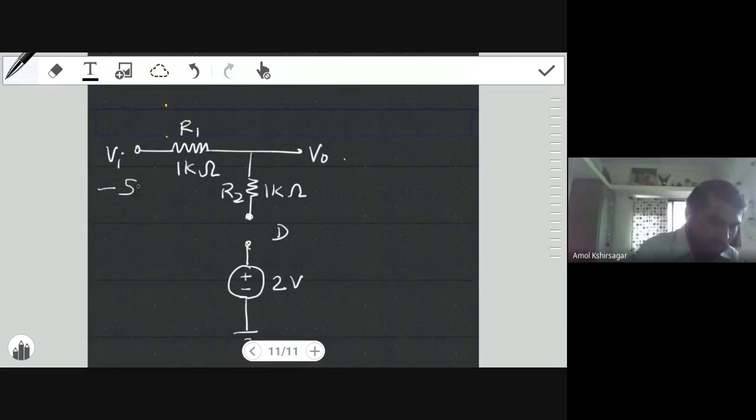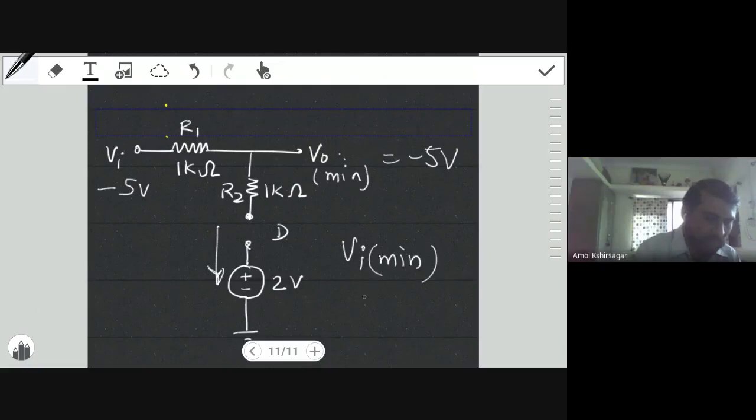Now I am giving Vi minimum as minus 5. So this voltage will come as Vi minimum equal to minus 5, because the diode is off, no current is flowing over here. So what you get? Vi minimum is equal to minus 5.